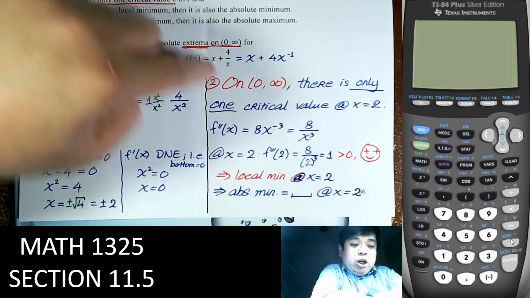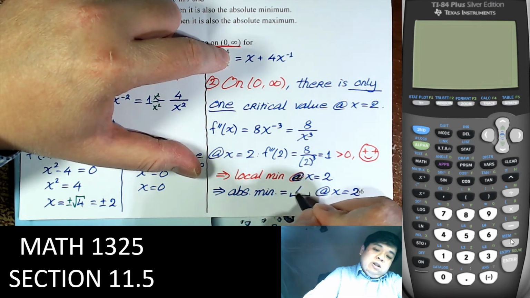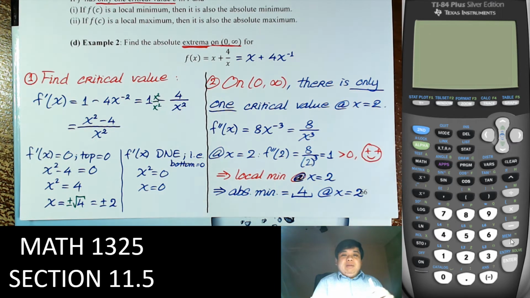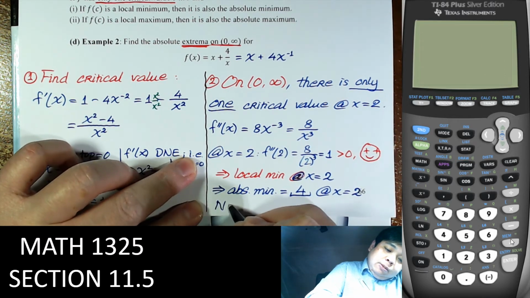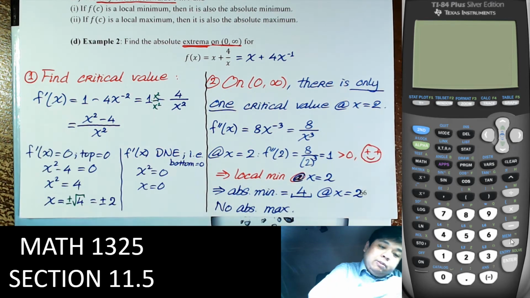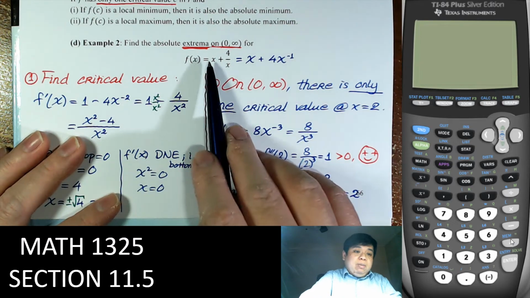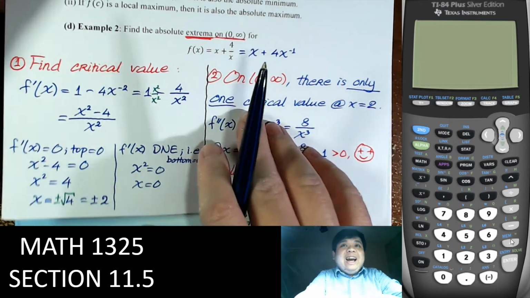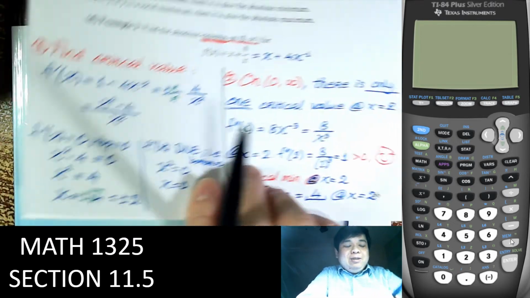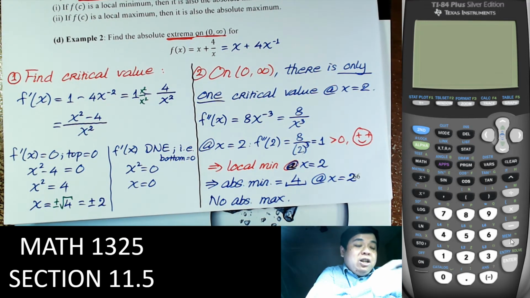And if we put 2 in the original function, 2 plus 4 over 2, so 2 plus 2 is 4. So you have the absolute minimum is equal to 4 at x equal to 2, and there is no absolute maximum. Because we only have one critical value, and we don't have the boundary, so we cannot really find anything else.